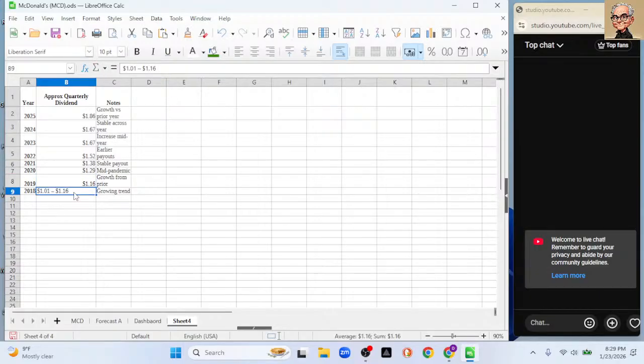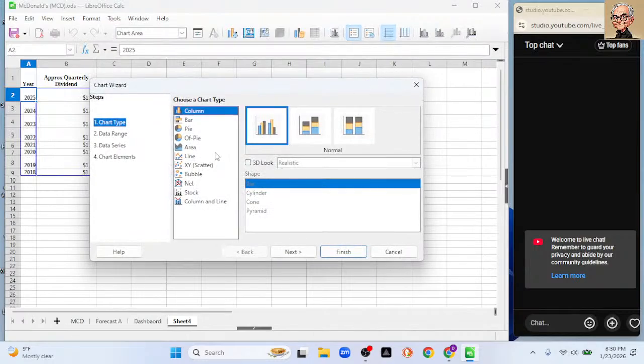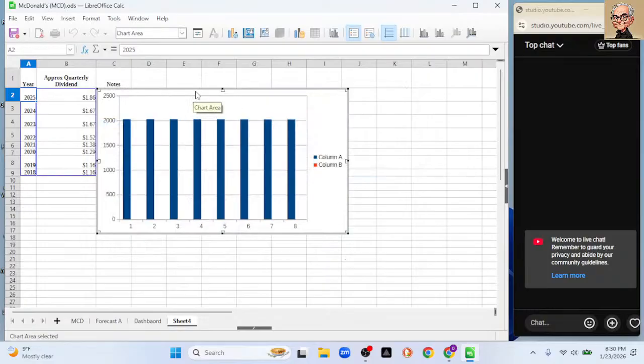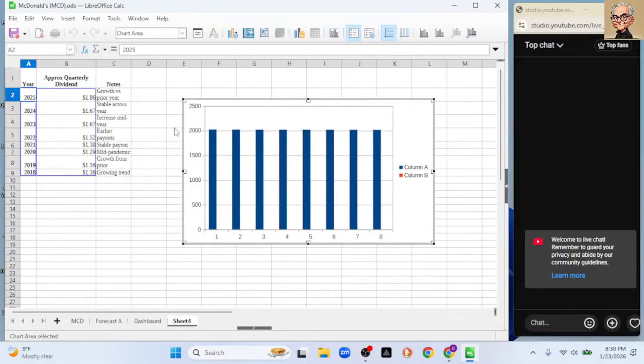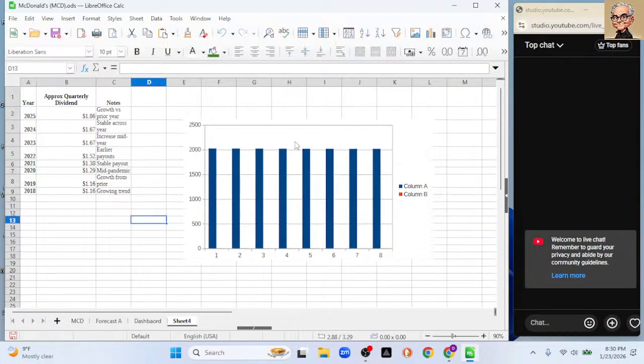So let's just see if we can do a quick plot here. Well, there has been some difference in the price.